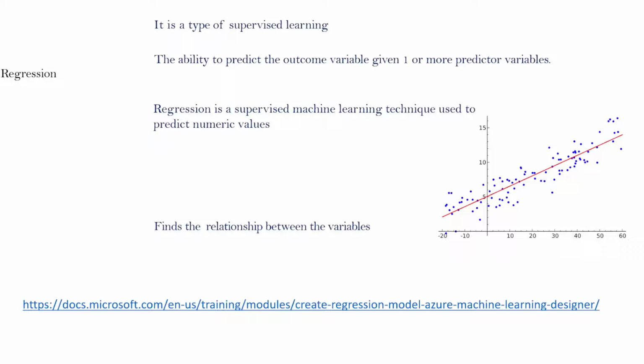Since we are going by the AI-900 certification course, which is just a high-level, foundational level of information, I'm not going into detail on how to actually create such a model, how to train the data, or how to deploy it.